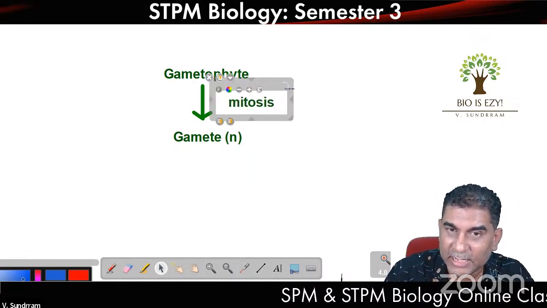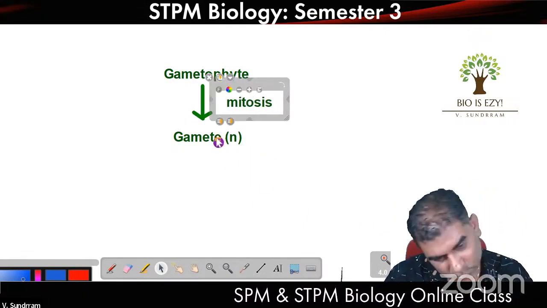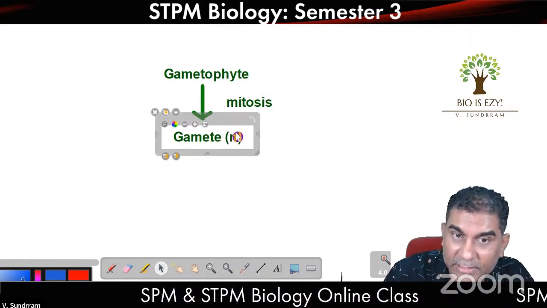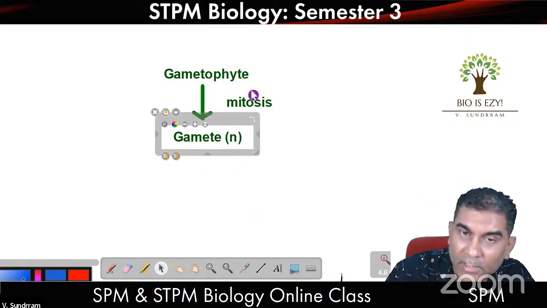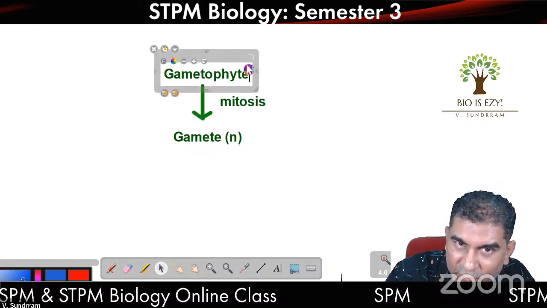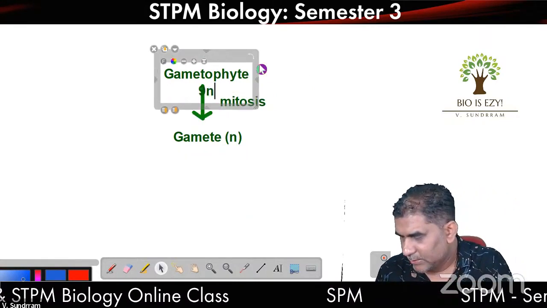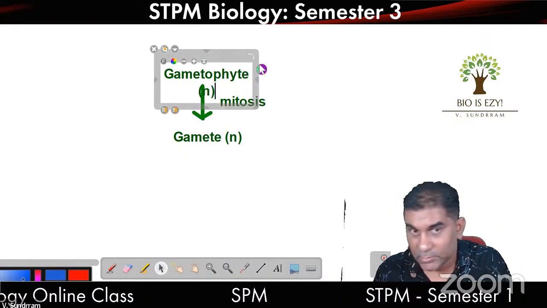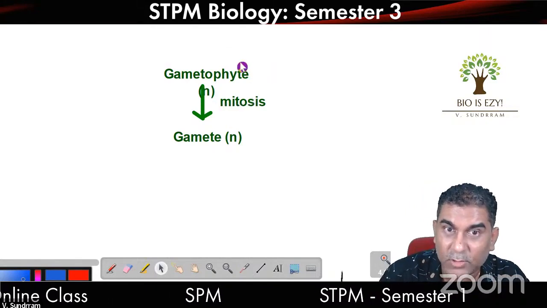So now, gamete is haploid. Mitosis produces gamete, which means the gametophyte also should be haploid, because mitosis will maintain what the organism has.